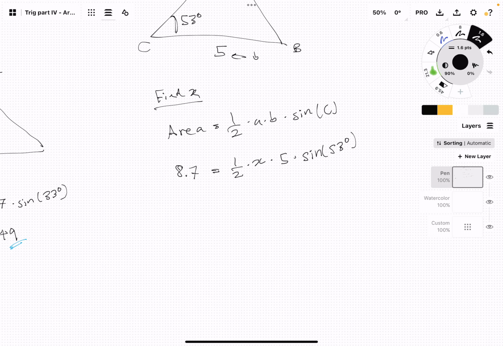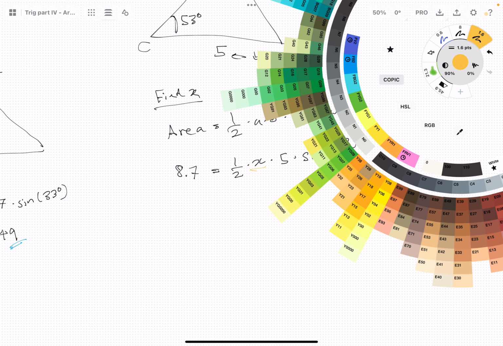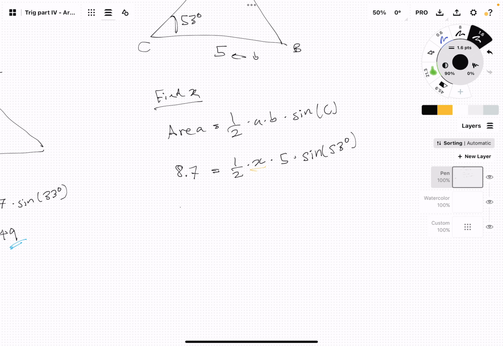Just algebra. You want to make x the subject, so you multiply both sides by 2, so it's 17.4 is 5x sine 53. You divide both sides by 5. Just keep doing basic algebra. You should be relatively comfortable with this at this point. If you're not, think of this as a good opportunity to practice.